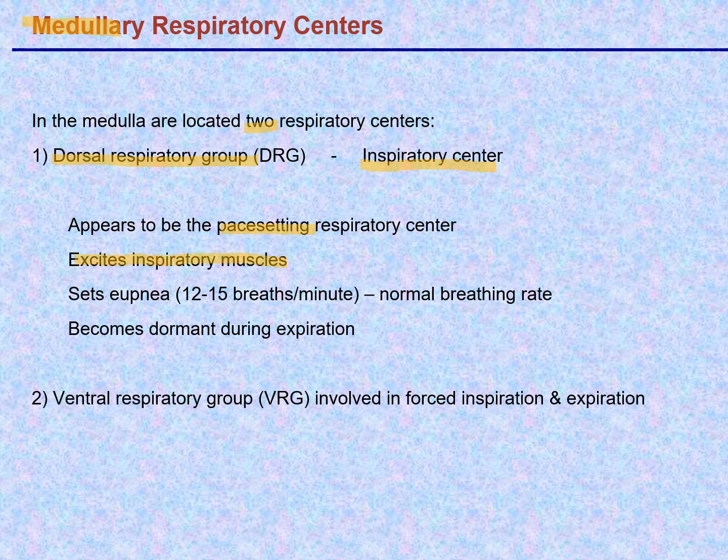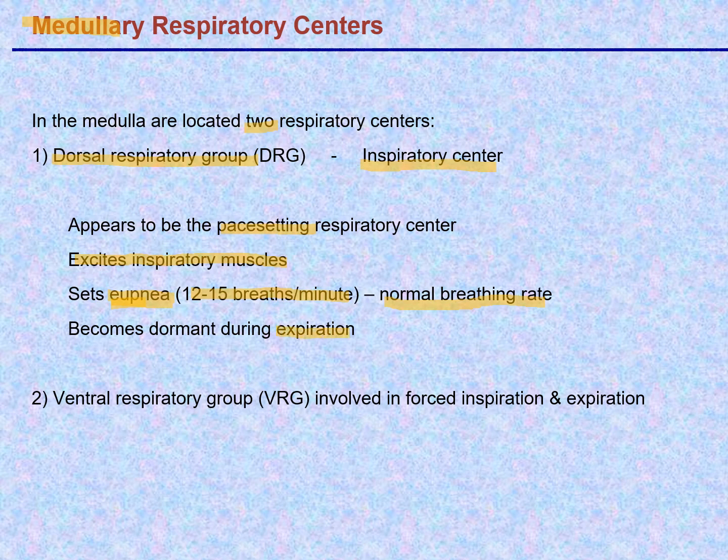It sets true relaxed breathing, the normal baseline breathing rate of 12 to 15 breaths per minute, which is called eupnea. Okay, normal breathing rate at rest is called eupnea. So the DRG, which is the inspiratory center, sets that. It will be dormant during expiration, with less activity.